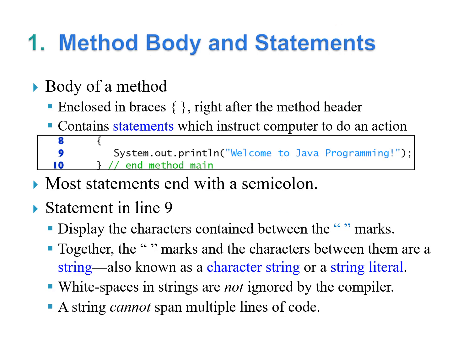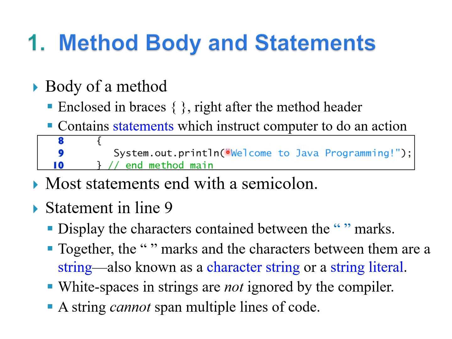Each method declaration must have a body that follows the method header immediately. The body of a method is also enclosed in a pair of a left brace and a right brace. Within the braces, there are statements that instruct the computer to do an action. Most statements end with a semicolon.